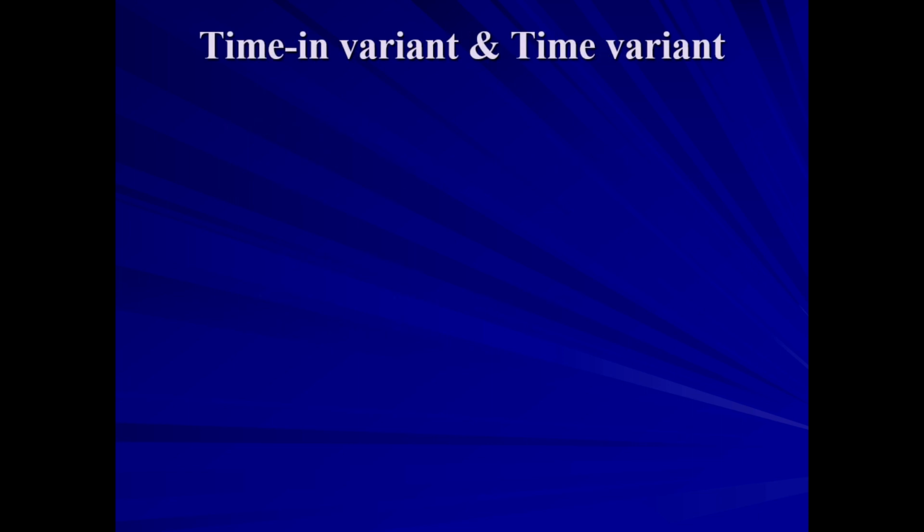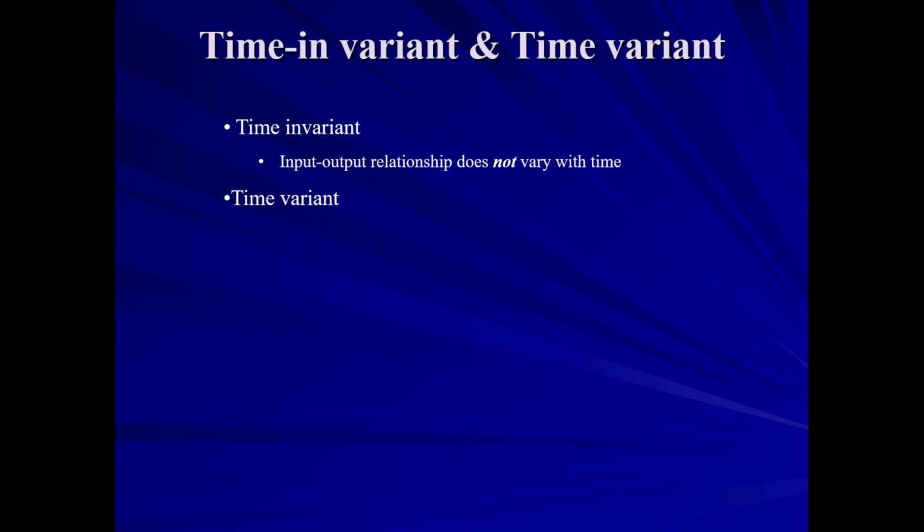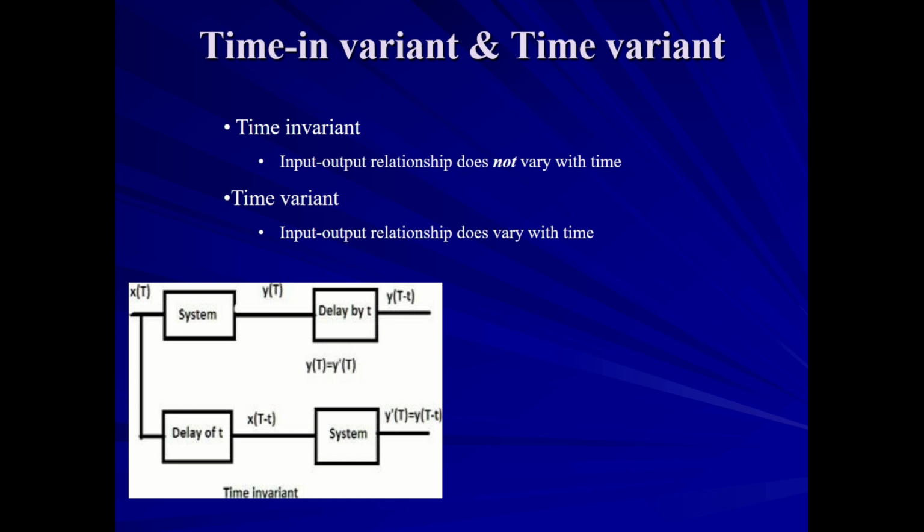Then the next one is time invariant and time variant system. In a time invariant system, the input and output relationship does not vary with time, and in a time variant system, the input and output relationship does vary with time. So the first figure represents the time invariant system, where x of t applied to a system generates y of t, delayed by t, giving y of t minus t.